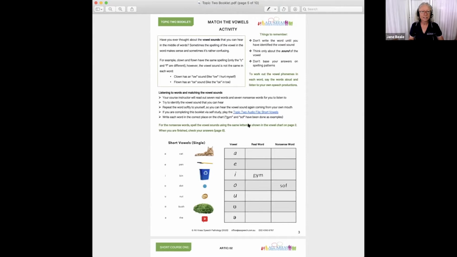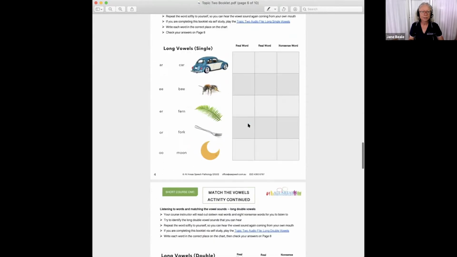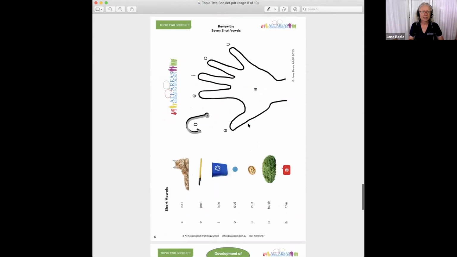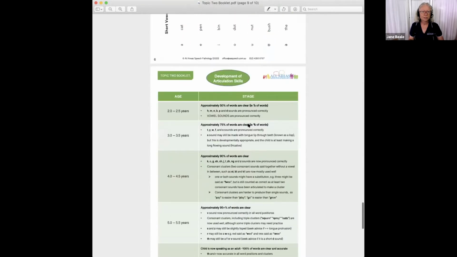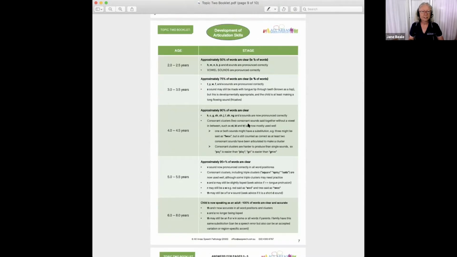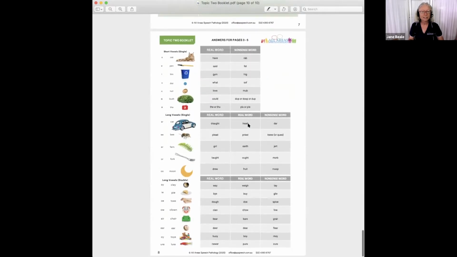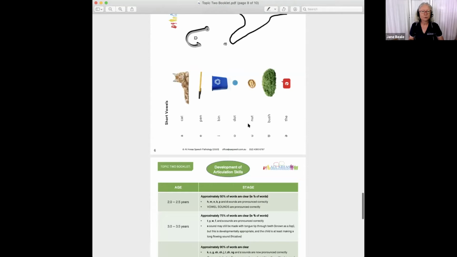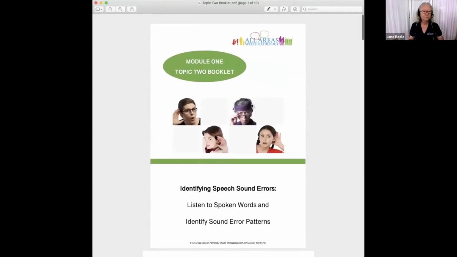There's 3 lots, and that will be in your activity booklet. And then we've got another activity, which is all about the short vowels. We're going to have a first look at an articulation chart, so we can see when these sounds would be expected to typically develop. And then the booklet has an answer sheet for the activities. So I'm just going to stop that share.